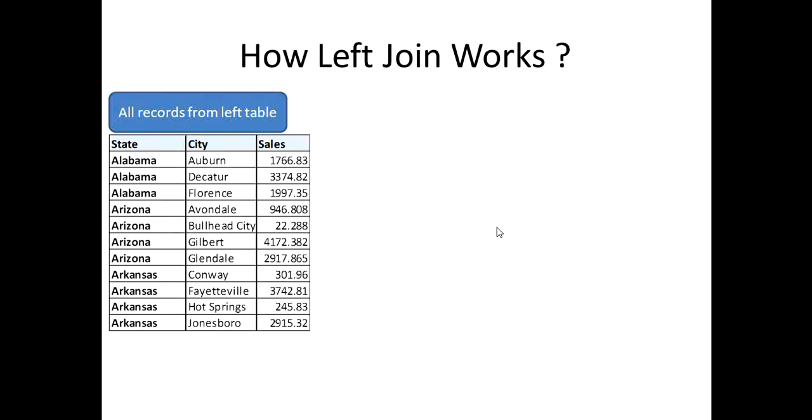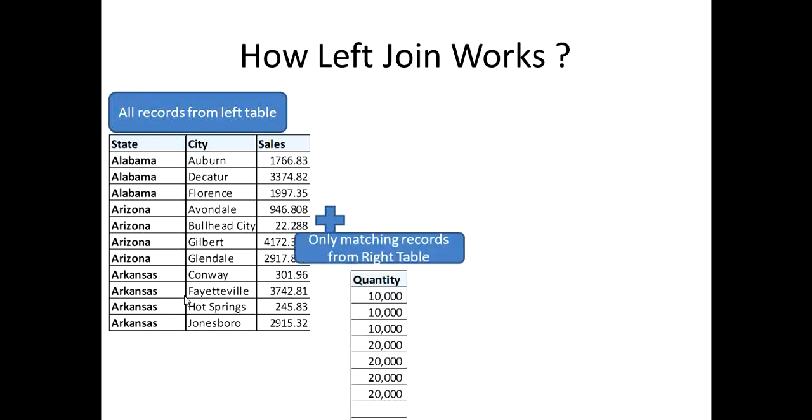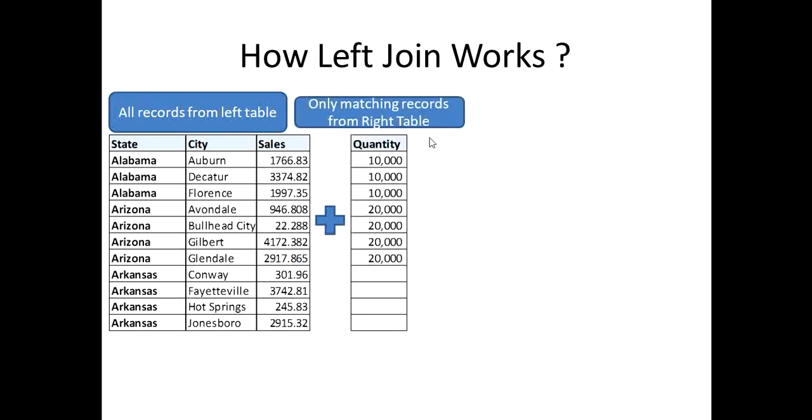Okay, so when I do a left join, recall the rules of left join. What are the rules of left join? It says all records from the left table will be part of my resultant data set. So I took all the records from the left table as they are, whatever we had. Now we will take only the matching records from the right table.